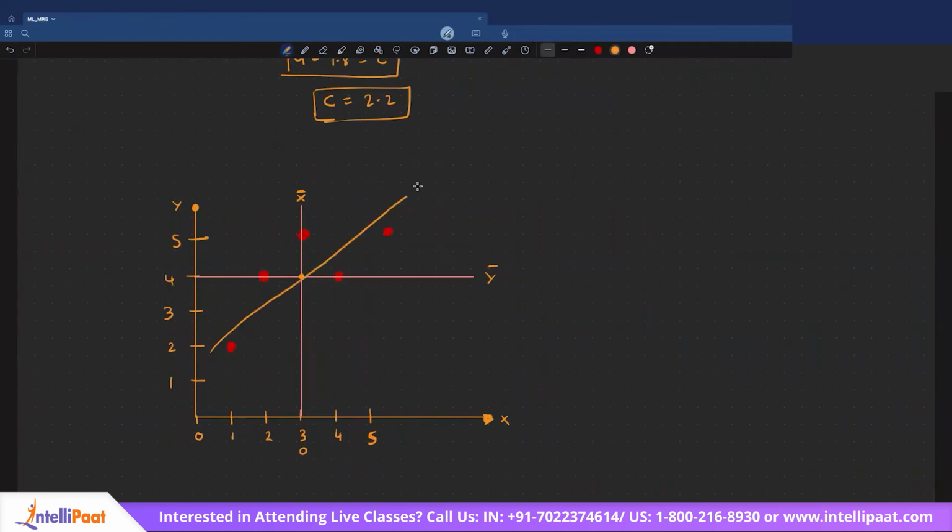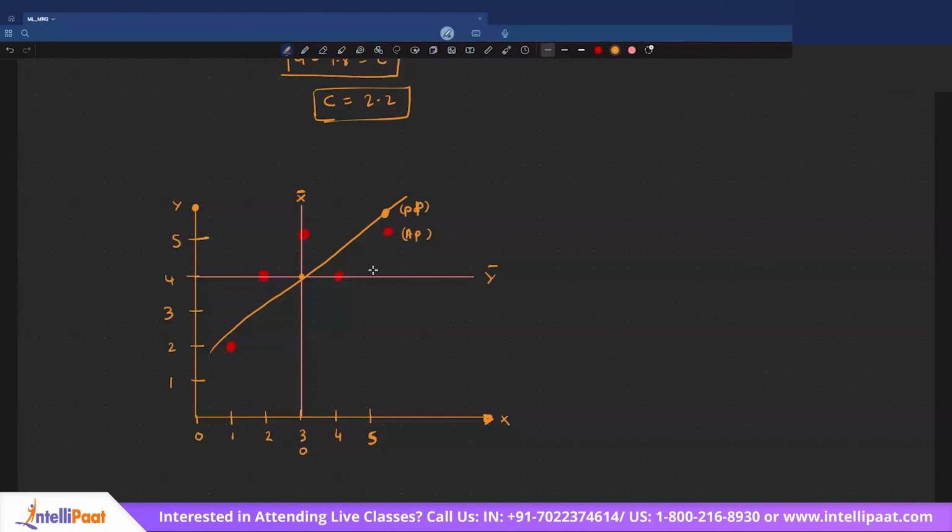But observe very carefully that the distance between your actual data point, is this my actual data point? This is the actual data, the real data. And the line is the prediction. Agree or disagree? This is my predicted data and this is my actual point.